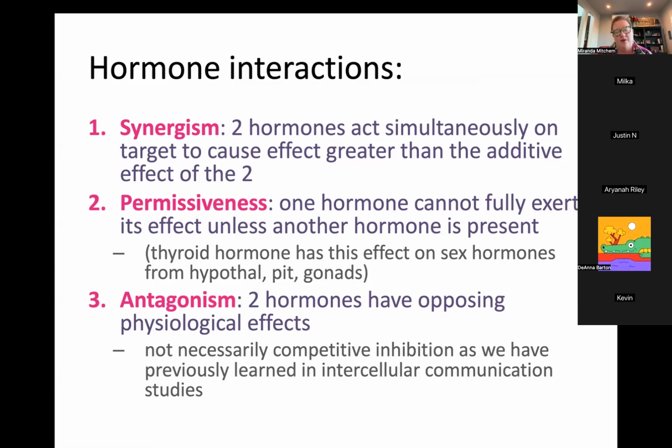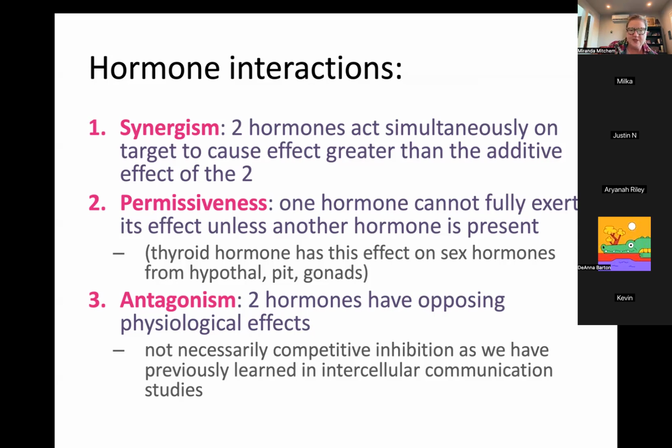If you think about other things that happen at that time, the development of breasts, the development of taller stature, just growth. And then antagonism is when it's opposite effects, and you could cancel out some of the effects of both hormones in that situation.